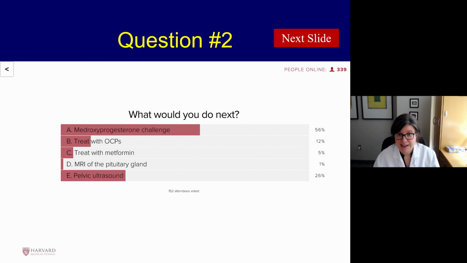I think we're getting good consensus here. So, it looks like about 57% think medroxyprogesterone challenge, and then about 26% think pelvic ultrasound, and then some people OCPs or metformin.